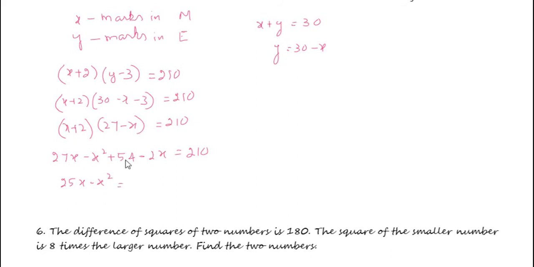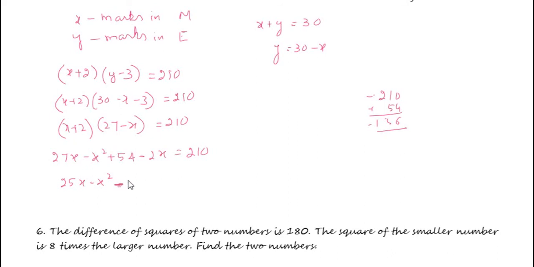54 I will take to the other side. Now let me bring 210 also this side. So 210 minus 210 plus 54. So this becomes 651 minus 156.